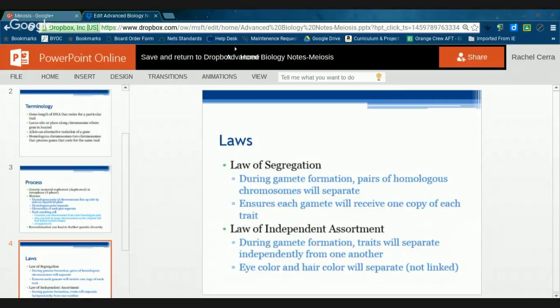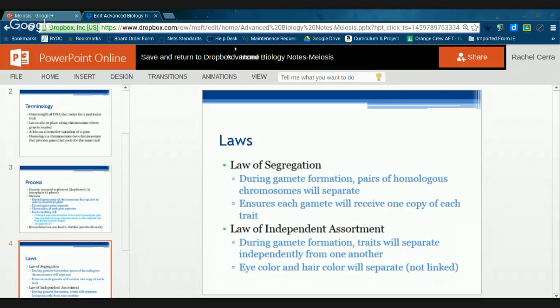And I should back up here. Obviously, on your chromosome, you're going to have several genes linked together because they're on the same chromosome. So those particular genes are linked. So when you do Punnett squares, if you do them, and they're talking about linked versus not linked, sometimes it has to do with whether or not they're located on the same chromosome.